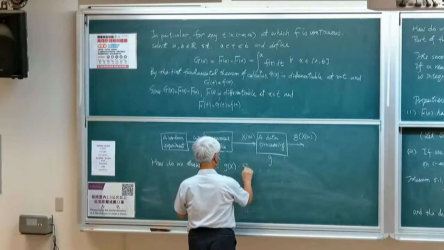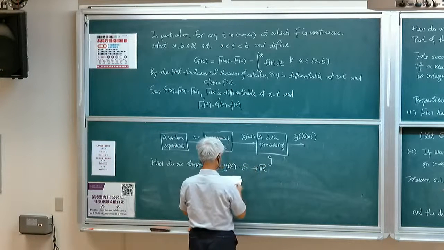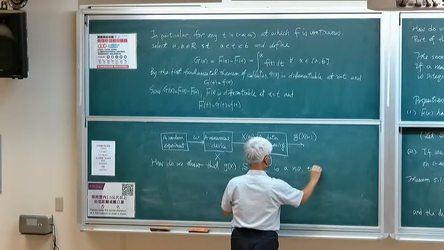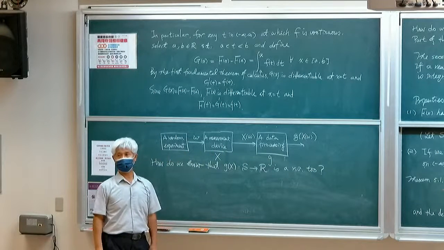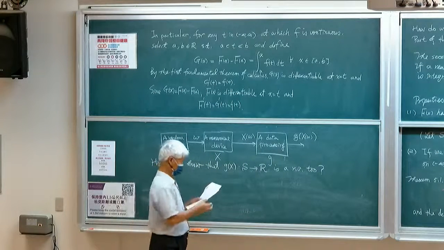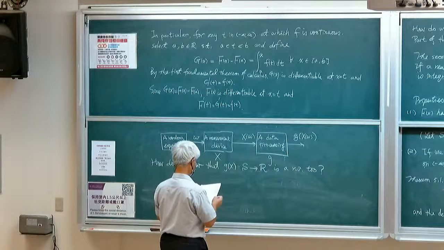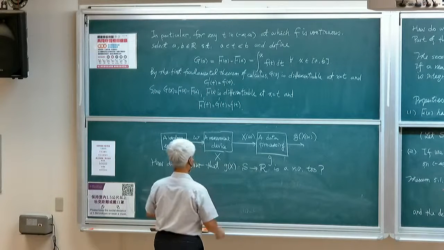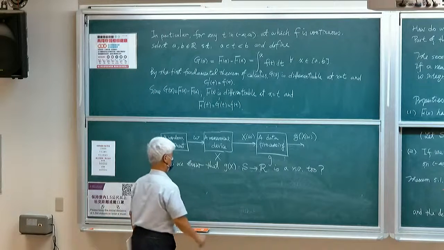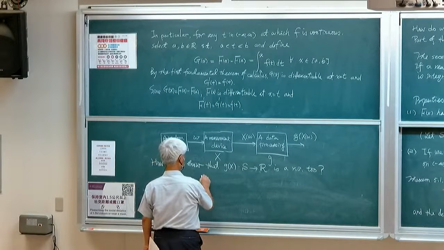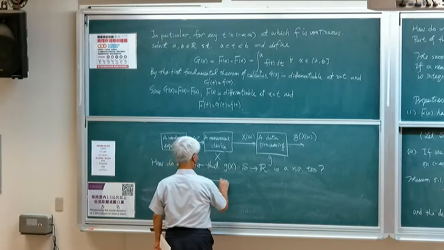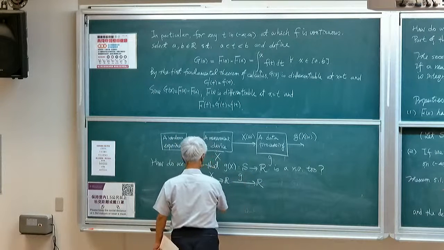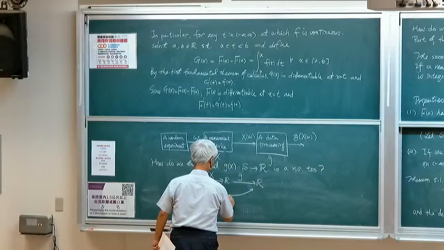G of x is from the sample space to R. Remember x goes to R, and this is x, this is G, so this will be G circle x.